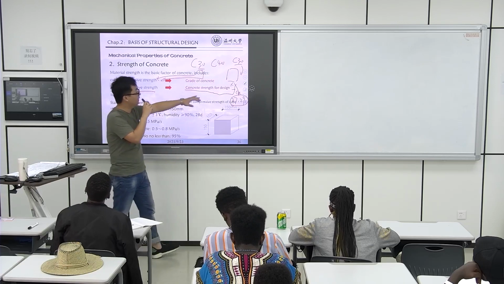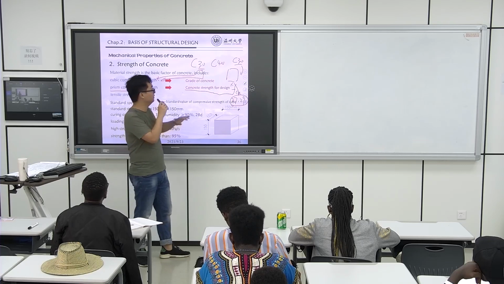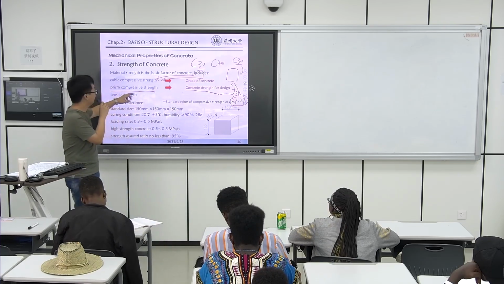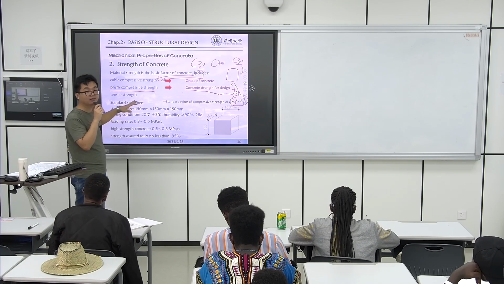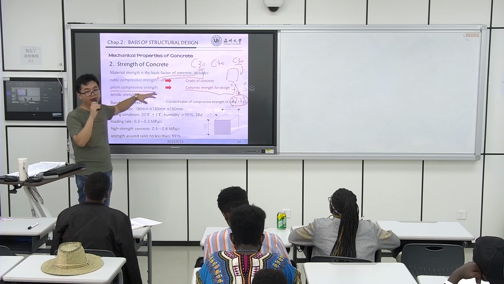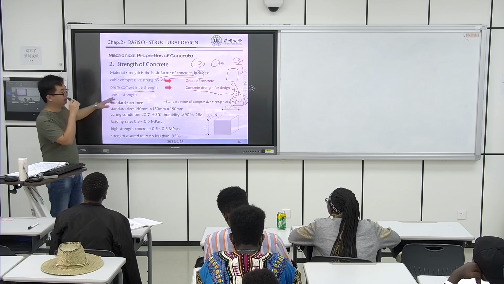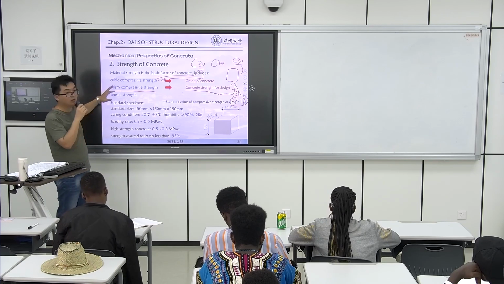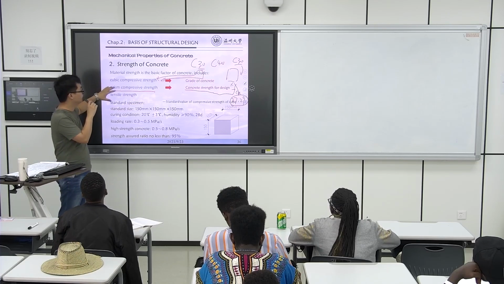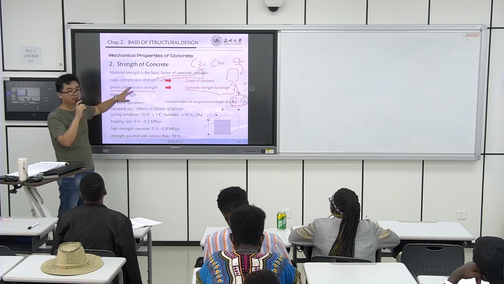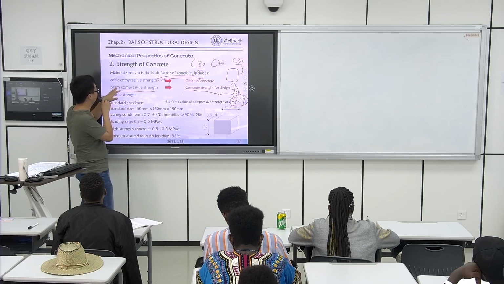As for the value, some students may find the prism compressive strength is a little smaller than the cubic compressive strength. Later I will explain the reason. But for now you must remember the meaning and what it is used for.